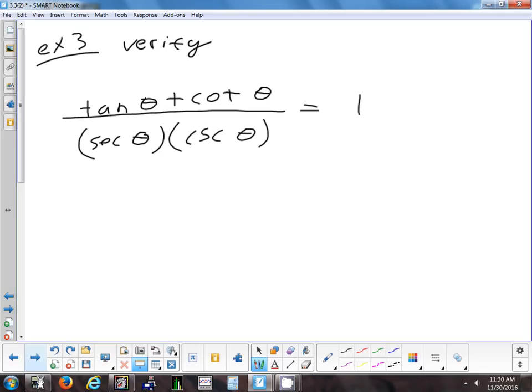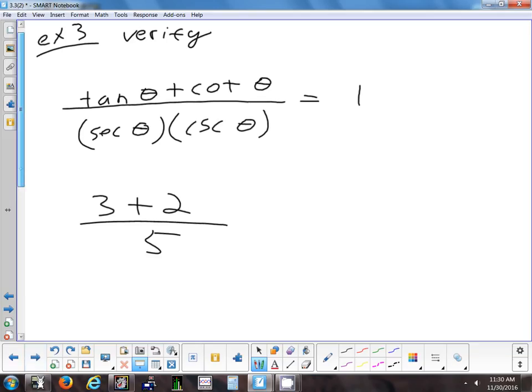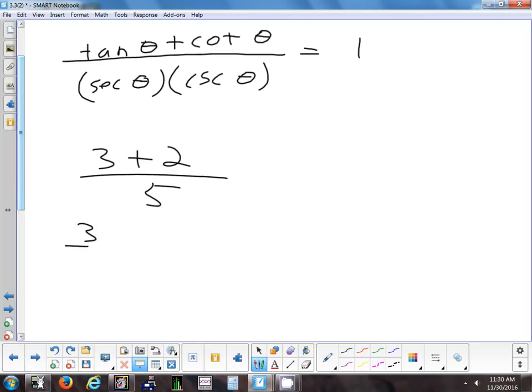I was thinking you kind of split it out, like you have tangent theta over secant theta times cosecant theta, and do the other side. Oh, like splitting it into 2 fractions? Yeah. So what he's saying is if you had something like 3 plus 2 over 5, you're allowed to do this.